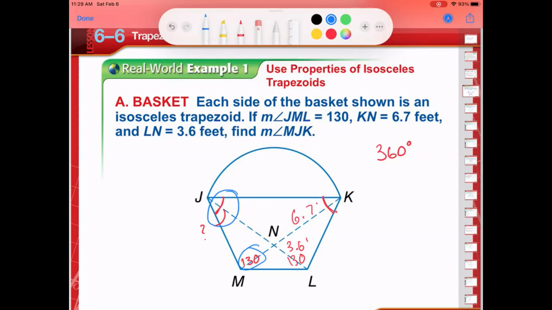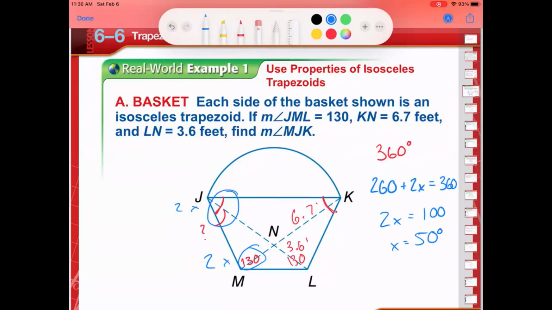We have two of these 130 angles, and then we're going to have two of these unknown angles. So we would say 260 plus 2 times unknown, or x, is going to equal 360. We would solve this, and 2 times that unknown quantity is going to be 100 degrees. Then we would divide by 2, and we would find out that our missing angle is 50 degrees.